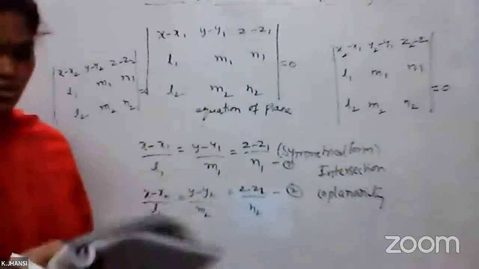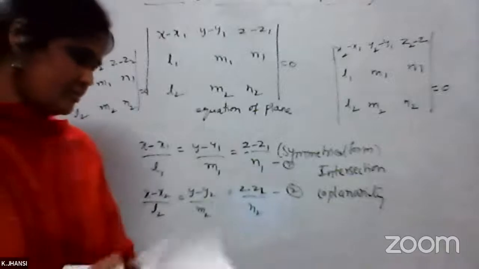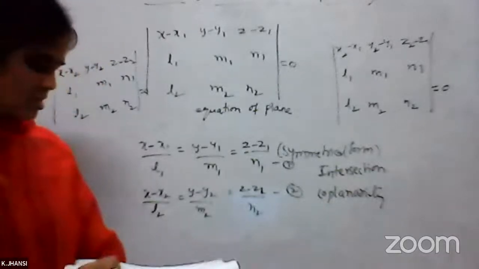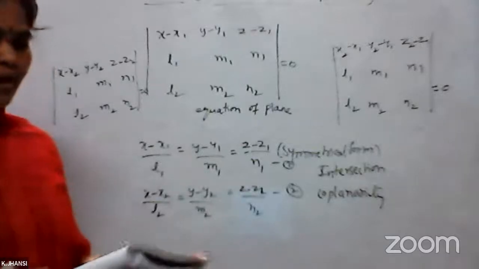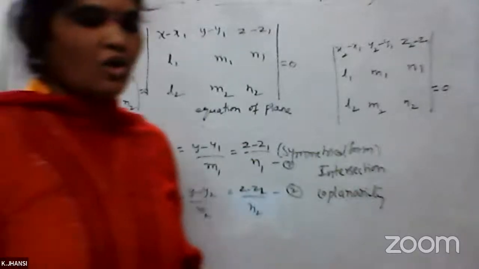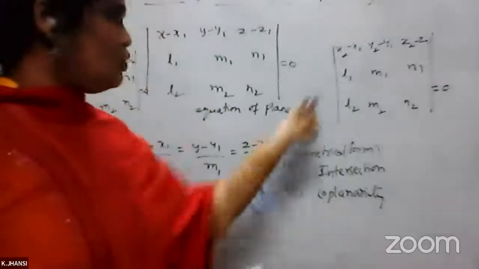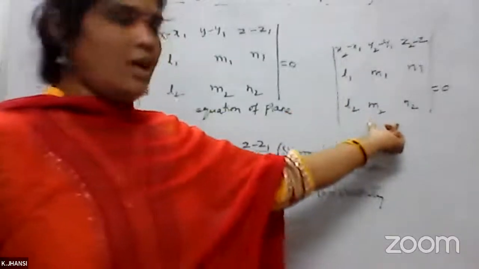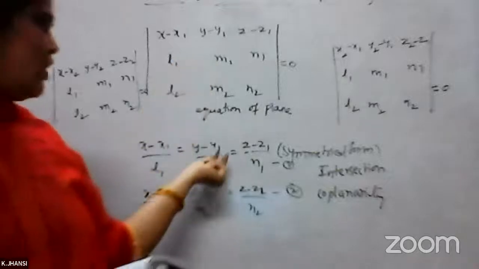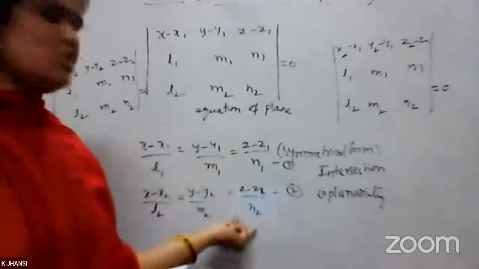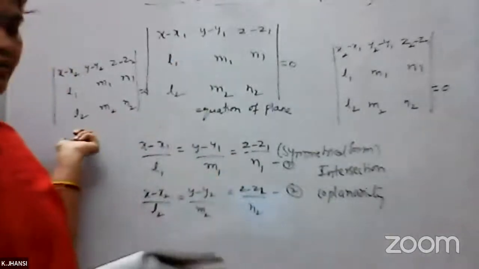Okay. So the question will be, see page number 112. Show that the lines are coplanar and find the equation of the plane containing them. To show the coplanarity, this is the formula, and to find the equation of the plane, this is the formula. You can write either the first line equation or the second one. One equation is enough for you.